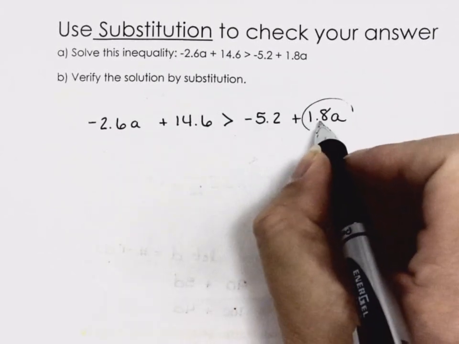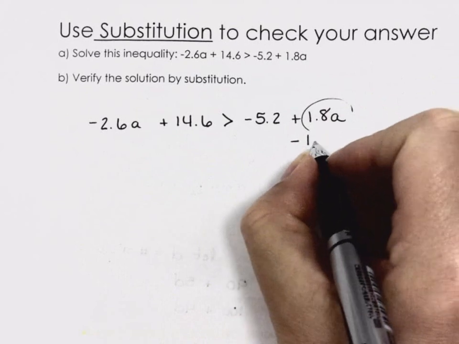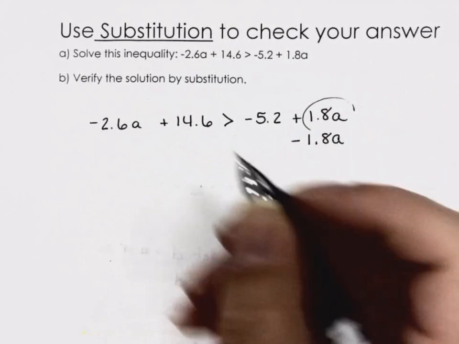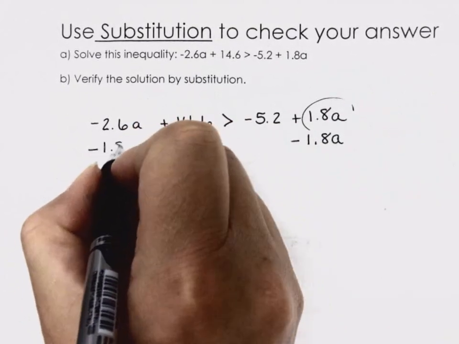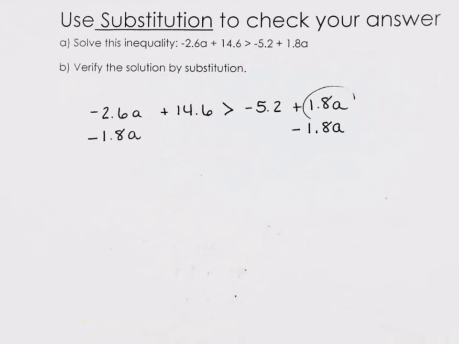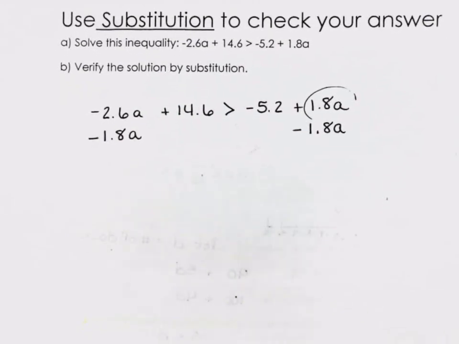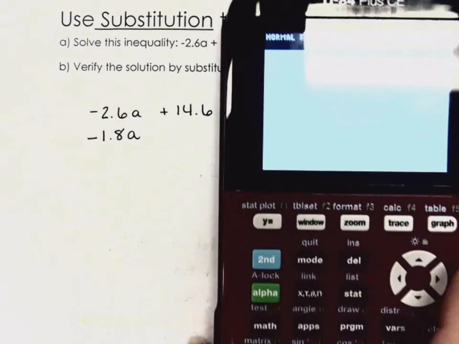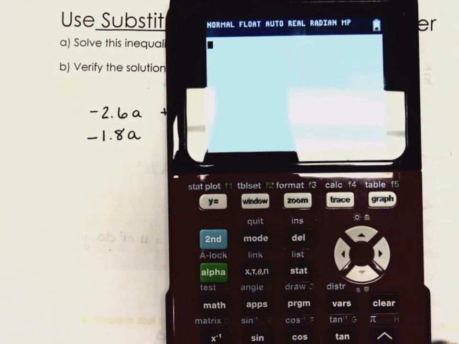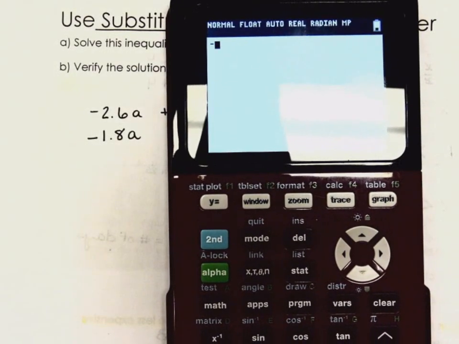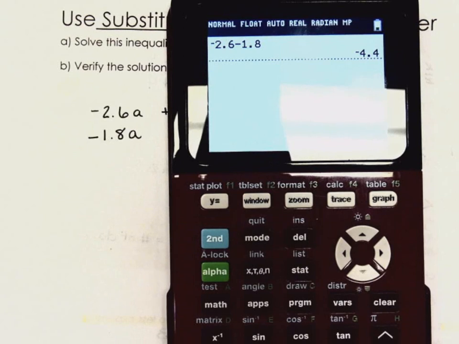So since it's plus 1.8a, I'm going to be subtracting 1.8a, and I'm going to be subtracting 1.8a over here. Now, we have a negative number, subtract a negative number. So we're going to have an even bigger negative number. If I do this in my calculator, negative 2.6 subtract 1.8, I'm going to get negative 4.4.